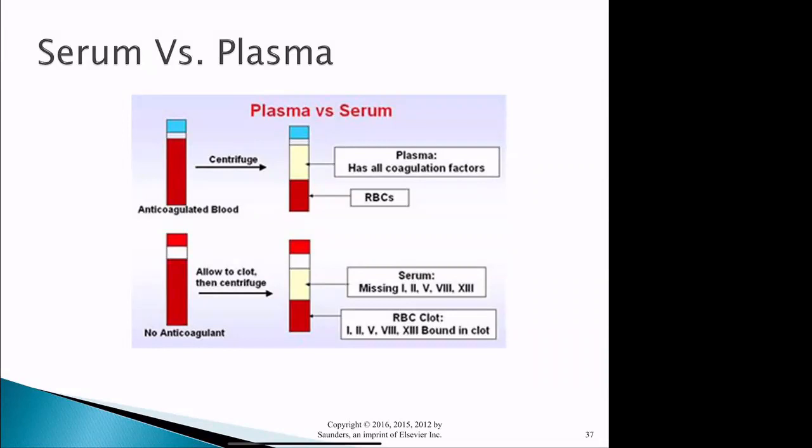That's why, when you spin it down, the serum is actually going to be missing important coagulation factors because they're consumed in that clot. Fibrinogen, prothrombin, factor 5, factor 8, and factor 13 are going to be missing from that serum. So the tube that we use for Coag testing is the sodium citrate tube.